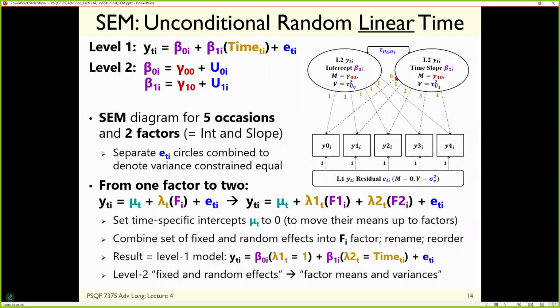But these time loadings here, that's the tricky part. What used to be a variable in your data set is now gone and is replaced by instructions within your model for what these values should be. So the reason I can say this imaginary thing is a linear time slope is because I set up the loadings to make it that way.